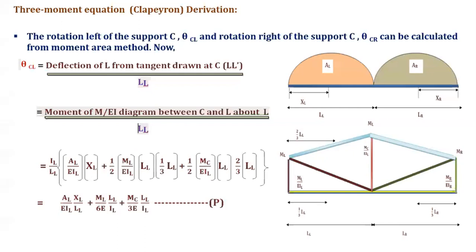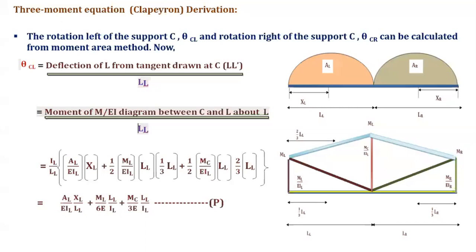Now directly I will go to theta CL. How can we calculate theta CL? That is from the moment area, force multiplied by the perpendicular distance. So theta CL equals the deflection of L from the tangent drawn at C, that is L L dash, where the bottom moment is the M by EI diagram between C and L about L. The second point is important: the M by EI diagram.